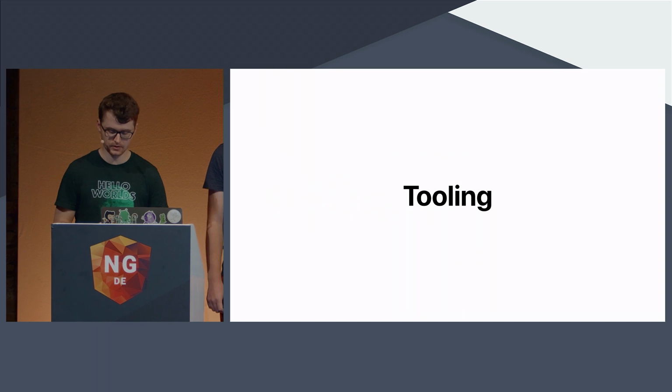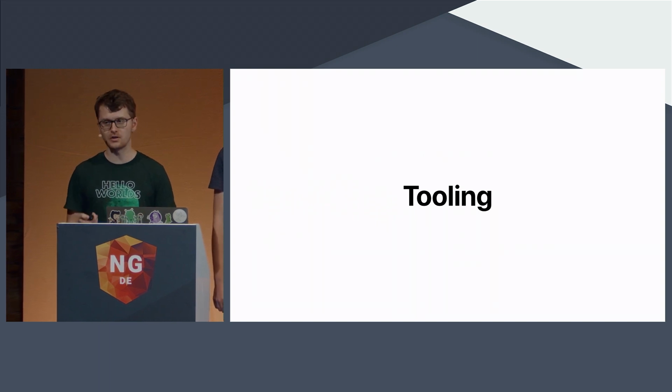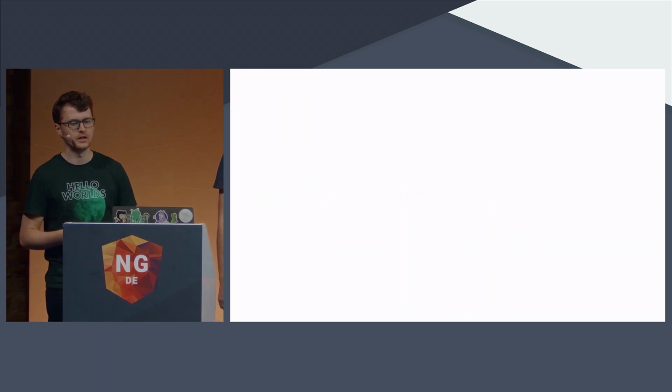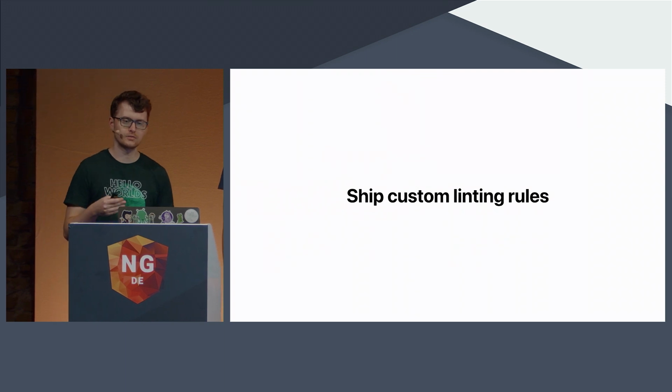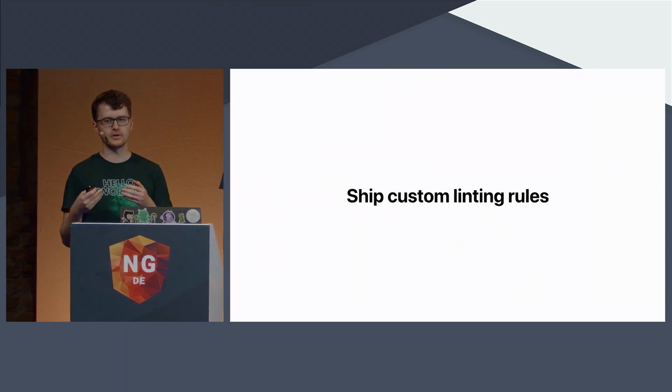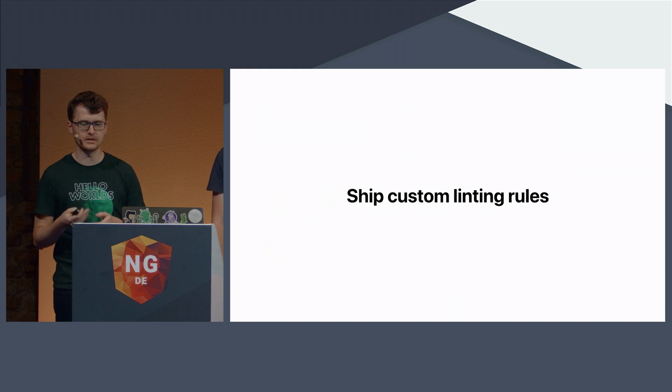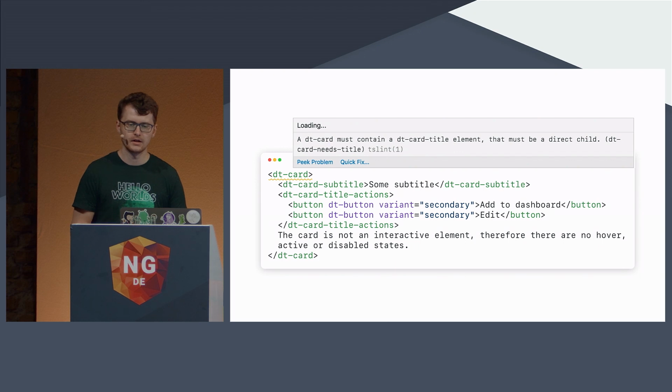You can also build awesome tooling surrounding your component library that helps you in your daily work or improves developer experience for your users. What we are doing is shipping custom linting rules, and you can write your own custom linting rules quite easily. We do this because some of our components need to be put together from various parts, and some of them might be required, like the title.